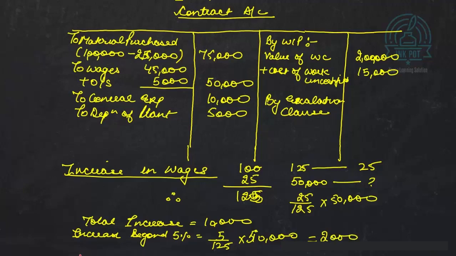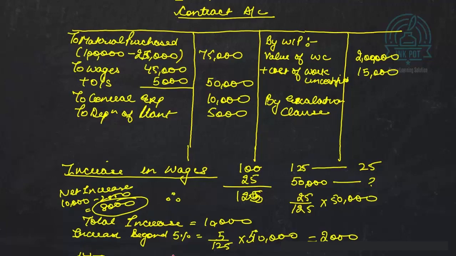So net increase is equal to 10,000 minus 2,000, the increase up to 5%, so net increase will be 8,000, right? So increase in value of wages beyond 5% is 8,000.